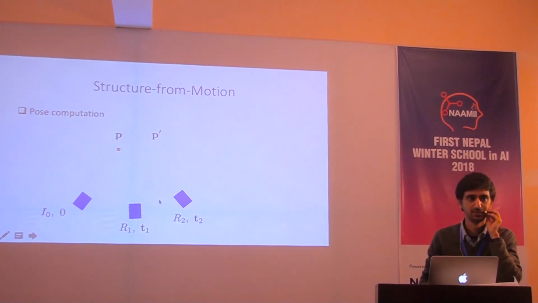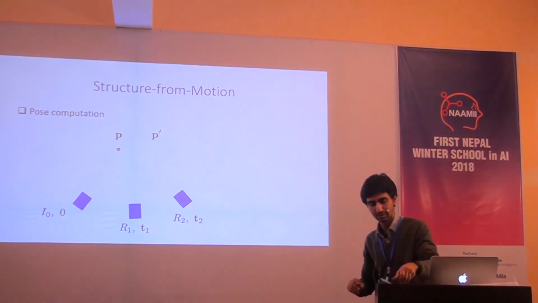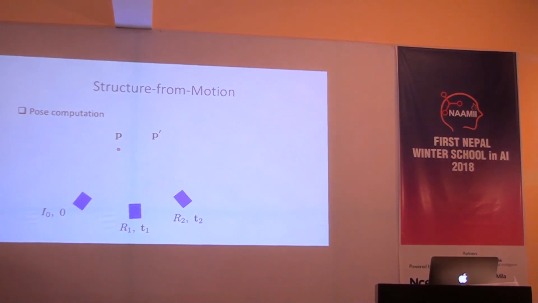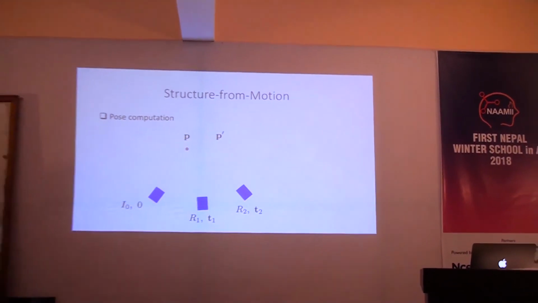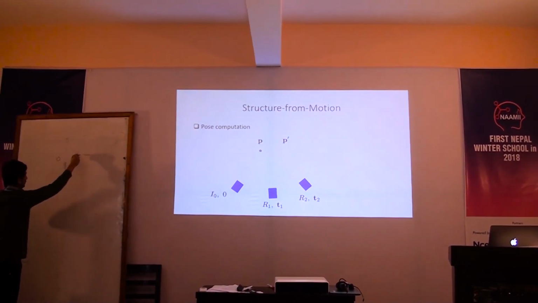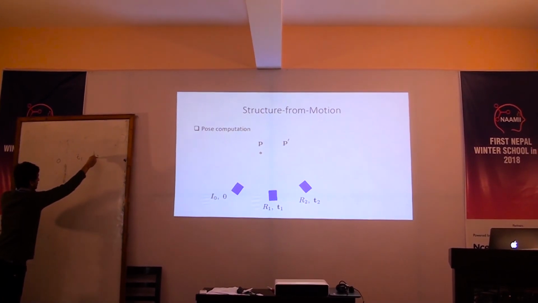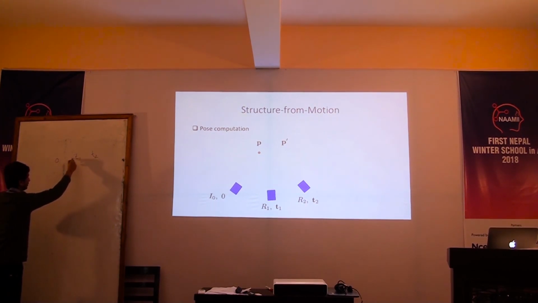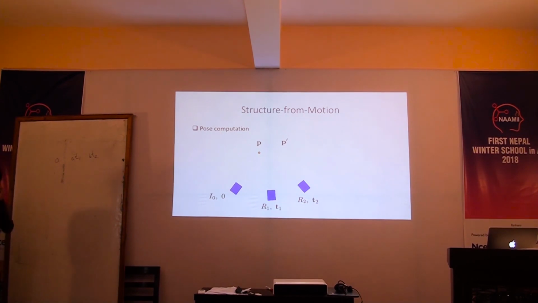Then you get some R and T. So in the end, what you have is 0, and then you have T1, and you have T2. You don't know the scales, right? So you put A T1 and B T2.